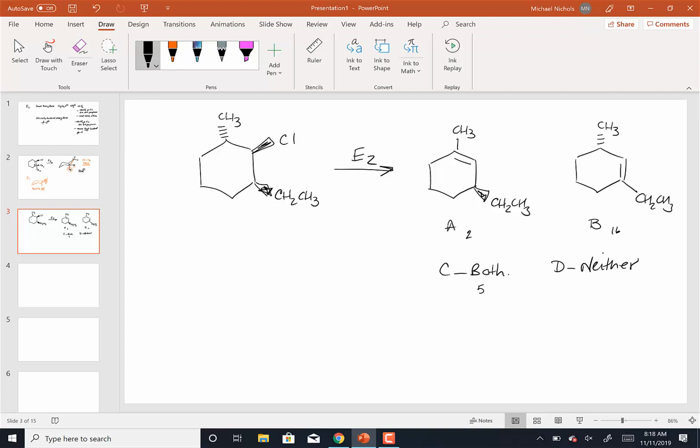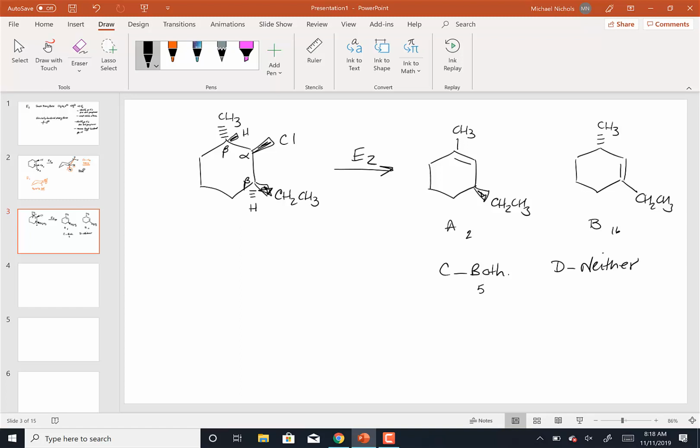Okay. So I have to look for my beta hydrogen that is trans. So first of all, I need to identify alpha and beta. What's the beta hydrogen up here? Bold or dashed? So I might have to put the hydrogens in if they're not there. And down here it would be dashed.